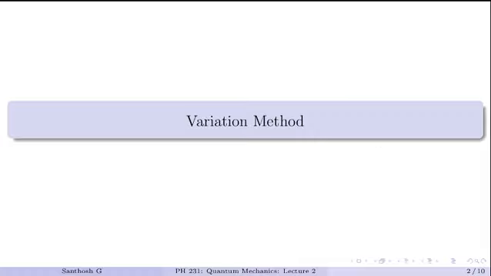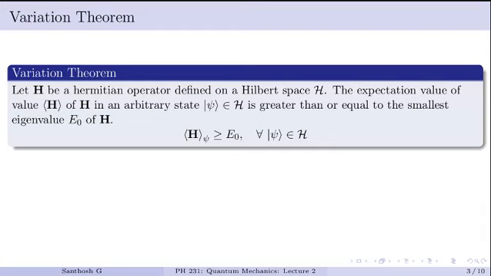And now we discuss more of the variation method. Let us recall the variation theorem, which says that if you have a Hermitian operator H defined in a Hilbert space, then the expectation value of this operator H in any state in the Hilbert space is going to be greater than or equal to the lowest eigenvalue of the operator.